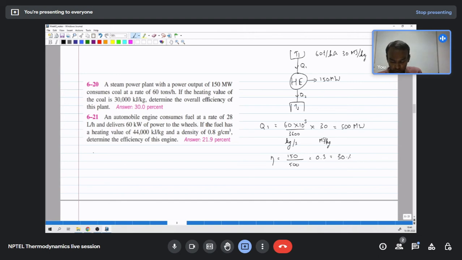Now Q1 can be calculated as m dot into calorific value. So here m dot is 28 by 60. This is liter per second, and then multiplying with 0.8. So this is gram per cc, which is also kg per liter.